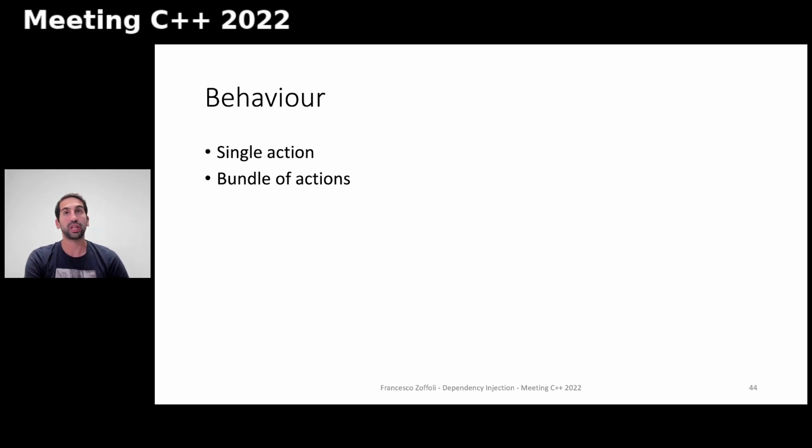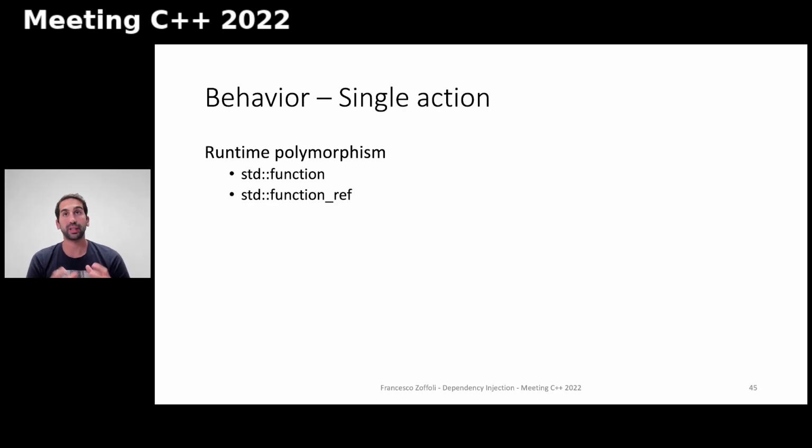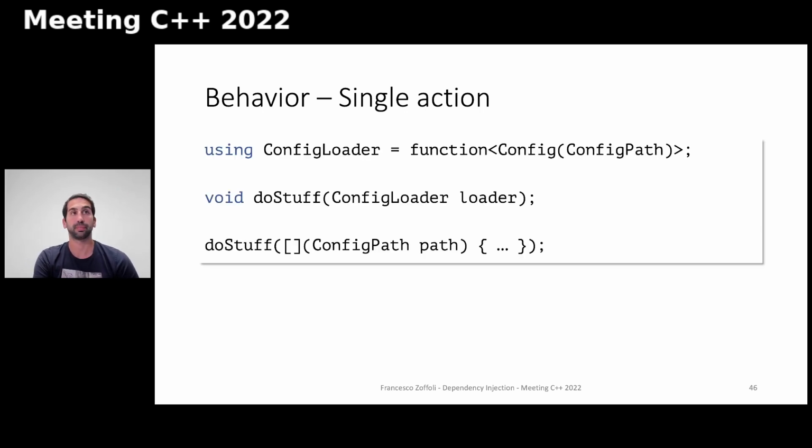In the case we are talking about a single action and we want runtime polymorphism, we can just use an std::function or an std::function_ref. Let's see an example. Here we have a function which needs to get the configuration for a specific path.